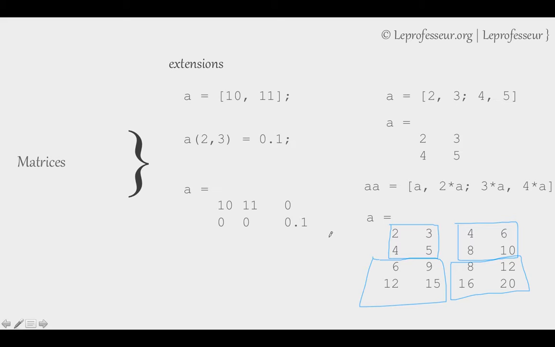Initially we had this matrix 2 by 2. And after copying and multiplication, we had this matrix of size 4 by 4. Good, easy.